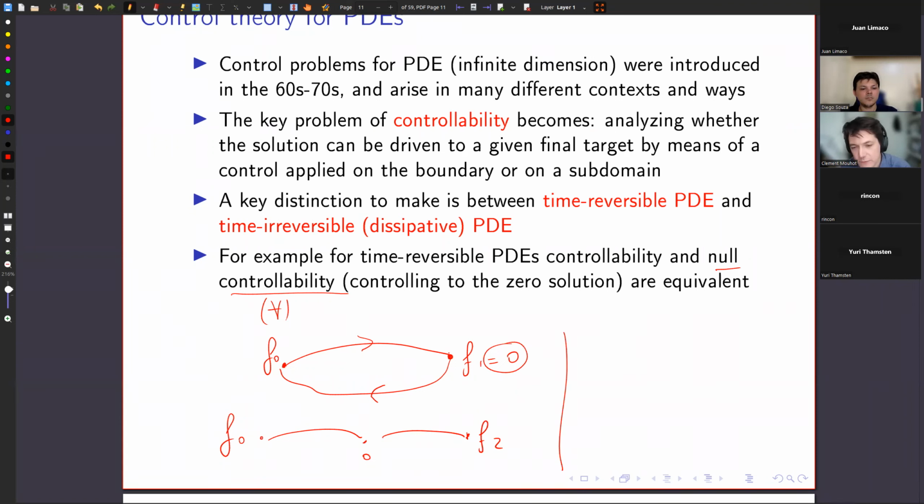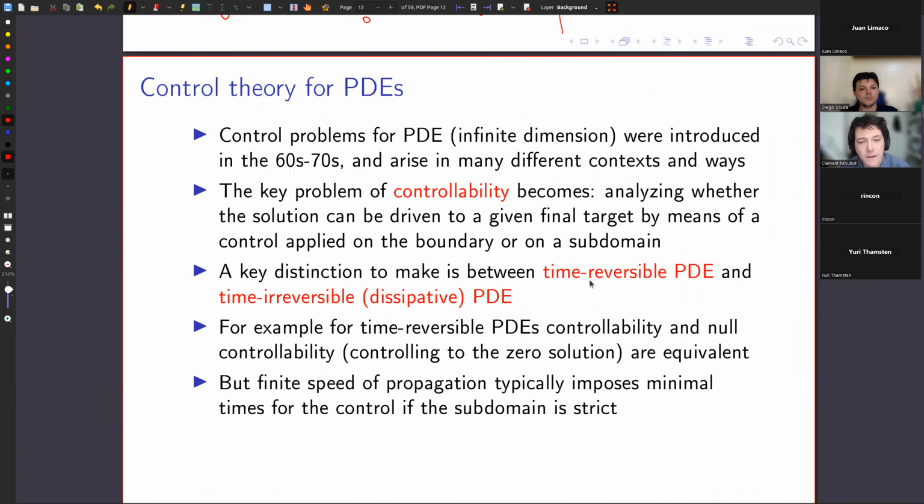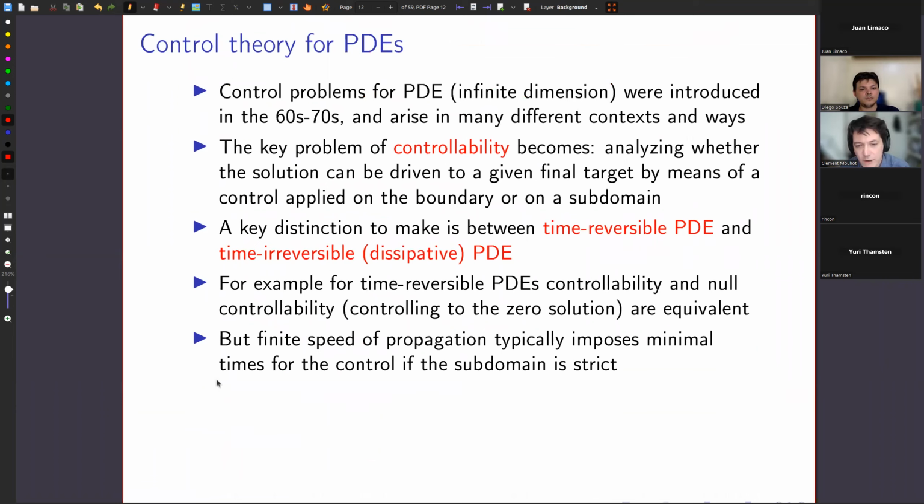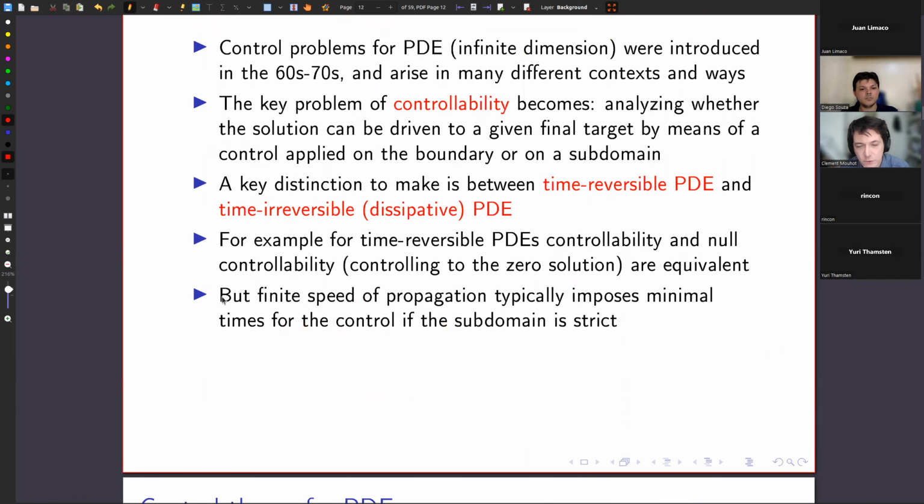There are other examples showing that time reversible PDEs are a bit less difficult, but that's one of the examples. Obviously, you wouldn't be able to do this for a parabolic equation. You realize that this would be absolutely forbidden. You can't reverse the Cauchy problem for a parabolic equation. Okay, however, one point that is important and that will show up in this talk is that when you consider time reversible PDEs, they have typically a speed of propagation associated to them, right? Typically speed of light for wave equations in cosmology, or speed of sound in fluid conservation law for fluid mechanics and so on.